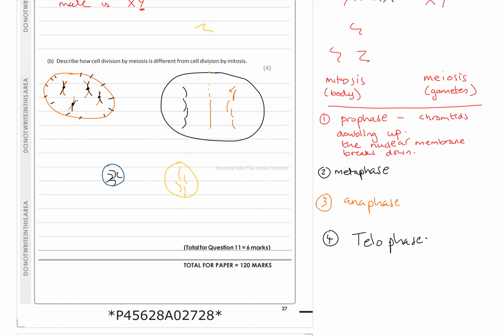And it eventually becomes 2 separate cells. So it's got its own DNA, its own nucleus or nuclear membrane, and it's got the cell membrane and its cytoplasm. So you end up with 2 daughter cells.